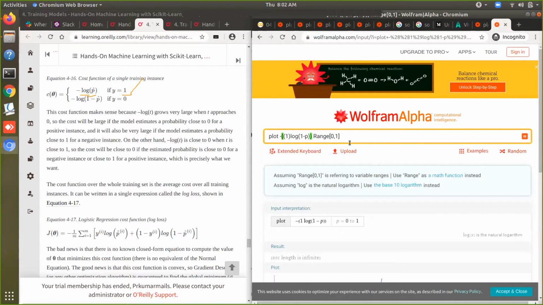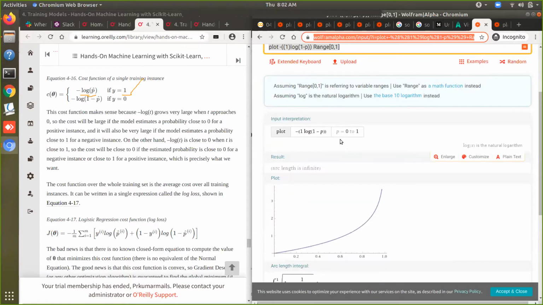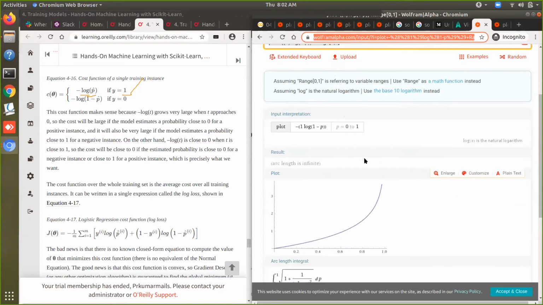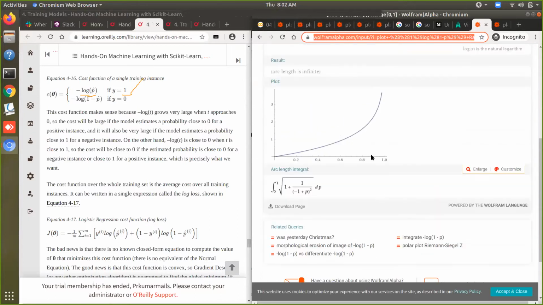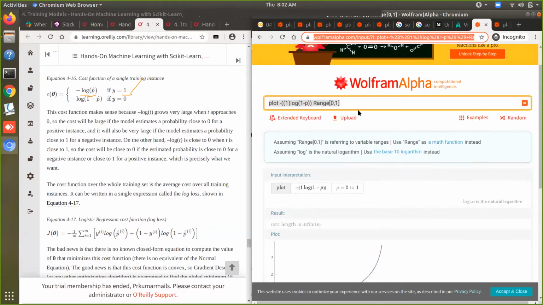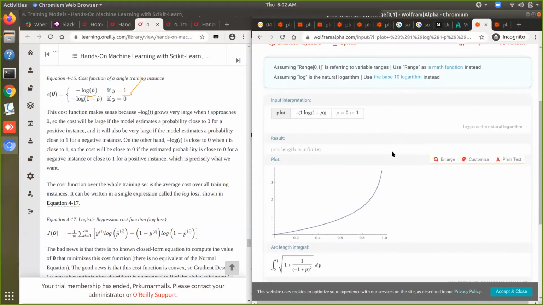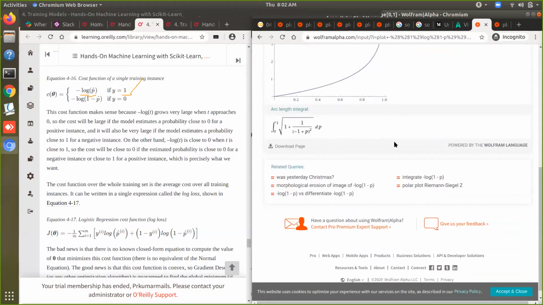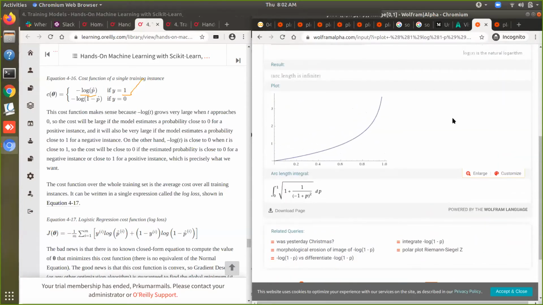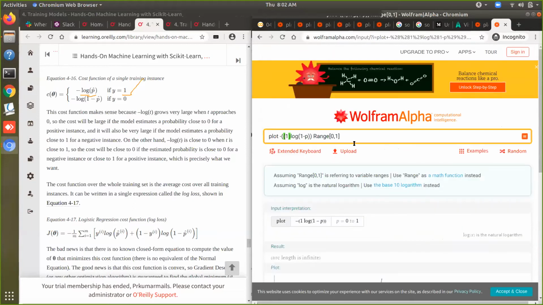Just for completeness, can you overlay the minus log p plot in red over that one? Minus log p, yeah. Here itself? Yeah, but make a new plot that overlays on the same figure. I'm not aware of that one. It won't let you do that? Overlaying, I'm not aware.